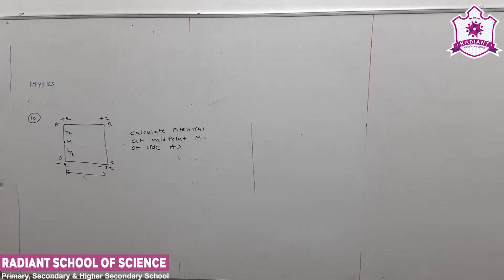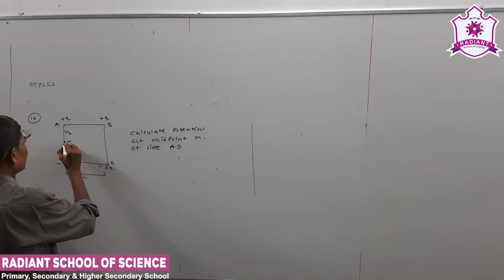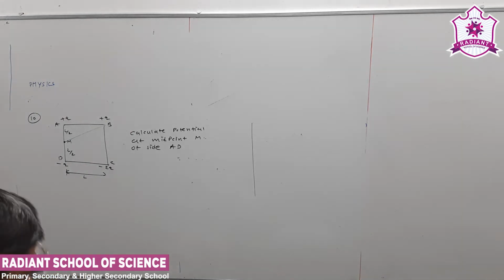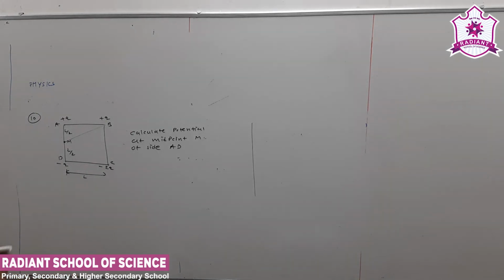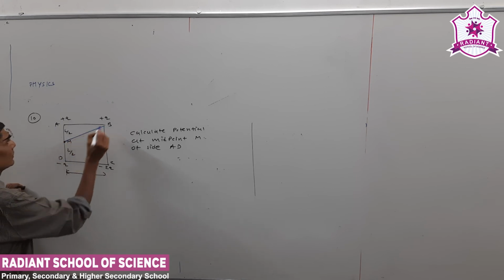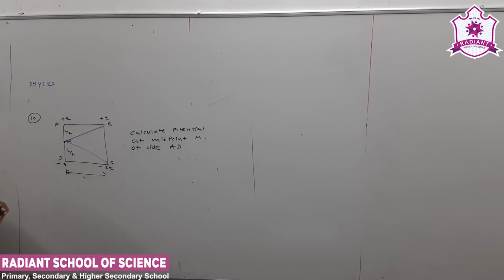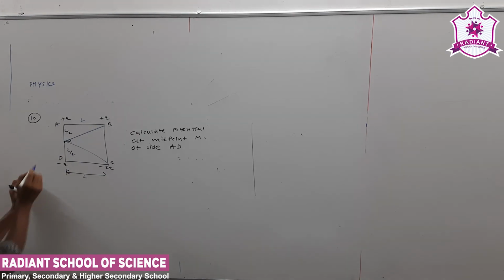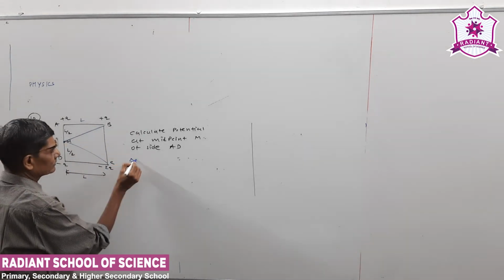Okay, what will be the distance of this? We can say MB and MC will be equal. What will be their distance? So the length is L. So this AMB is a right angle triangle.